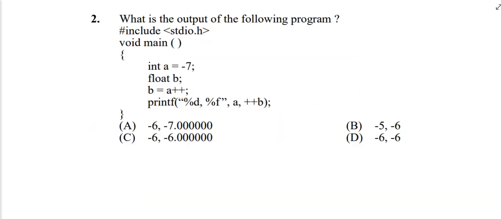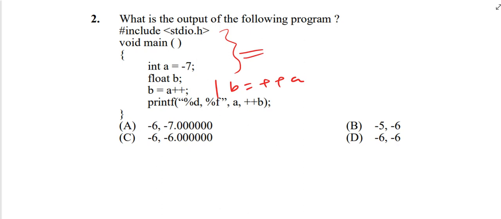This is the same question as the first one, but here with a little difference, where b equals plus plus a, and here b equals a plus plus. What is the difference? I could not explain it here because in the previous question I explained it completely.